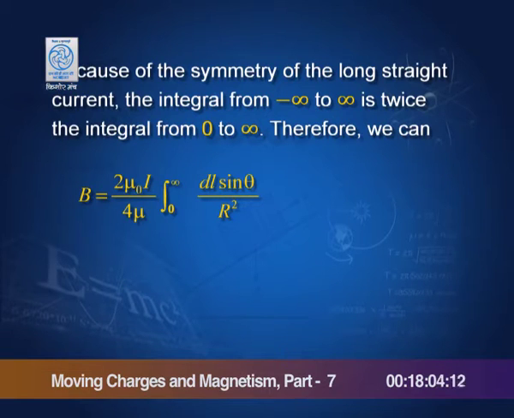So, using whatever I have explained, dB is given by mu 0 by 4 pi I dl sin theta by R squared. Remember that the wire is infinitely long. Therefore, B is equal to mu 0 I by 4 pi, and I have to integrate over dl, and this integration will be from minus infinity to plus infinity, because the wire is infinitely long.